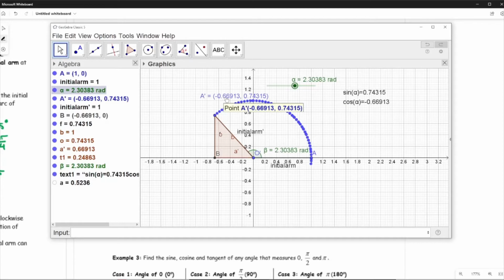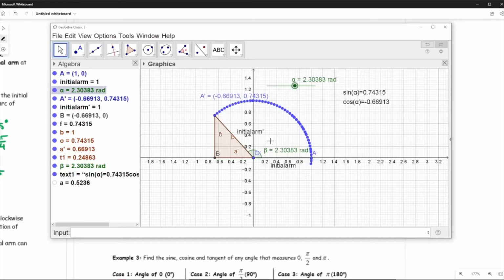It is negative 0.66913, which is the cos of my angle. Even though my angle is too big to be in a right triangle, my angle is related to a right triangle in the second quadrant. This triangle on the left has a cos of 0.66913 and a sine of 0.74315.